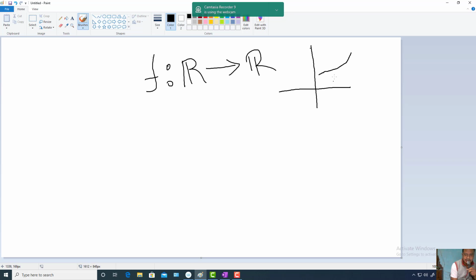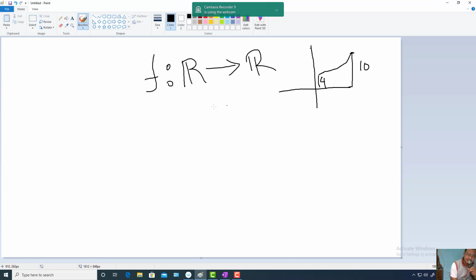The function has infinitely many values. Suppose this height is 10 and this height is 4. The function takes every value between 4 and 10, and there are infinitely many real numbers between 4 and 10.